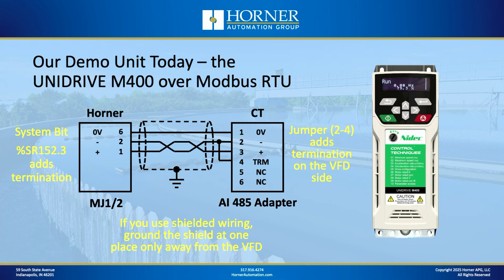So if you do have shielded wiring, make sure you ground it. And usually it's best to earth ground it away from the drive, because the drive generates a lot of electrical noise. By grounding it away from the drive physically, usually you'll have a better result. But make sure you ground it. That's the most important thing.